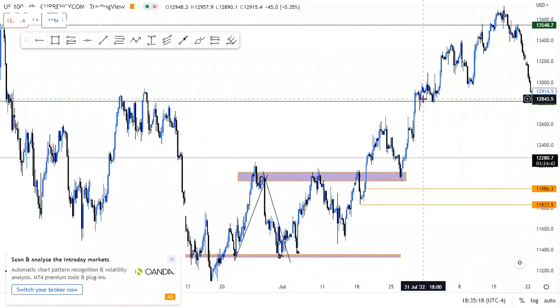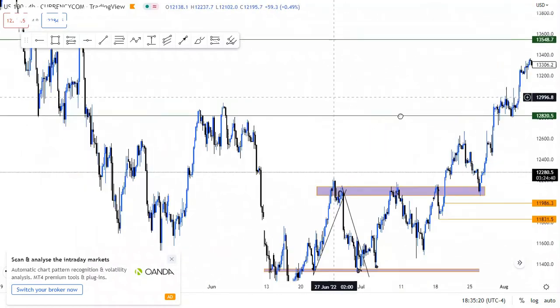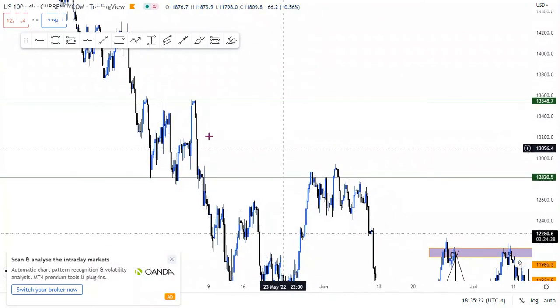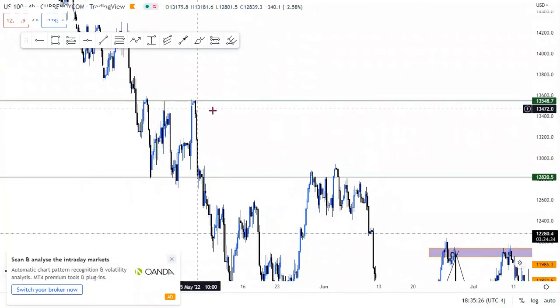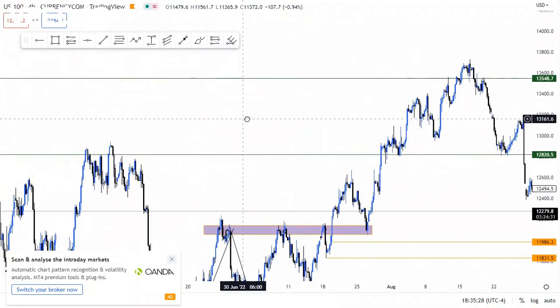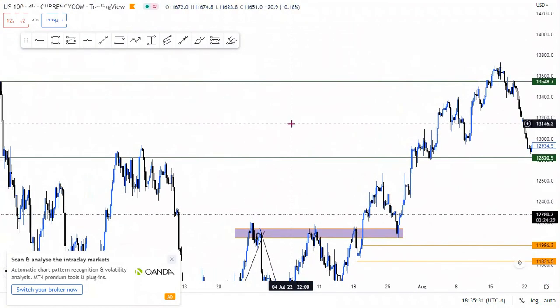This being your first take profit, and this being your second take profit, because also just around this area we're having three touches to it, because it's 1, 2, 3 touches. And that's when you know that this is a very respected level on the market. So the market is most likely to retest or reverse just around that area.